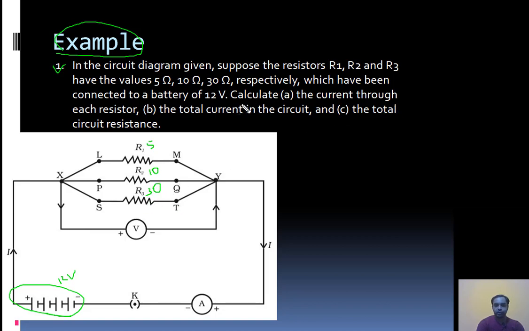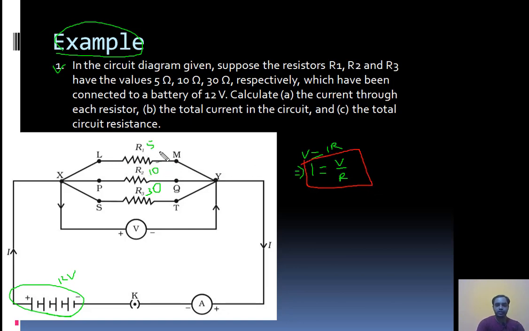Okay. Calculate first the current through each resistor. What is the current passing through each resistor? According to Ohm's law, as you know, V is equal to IR. So what is current here? I is equal to V divided by R. This is our formula to find the current.